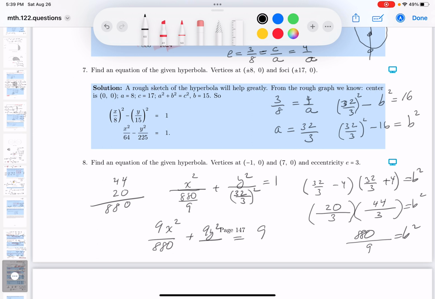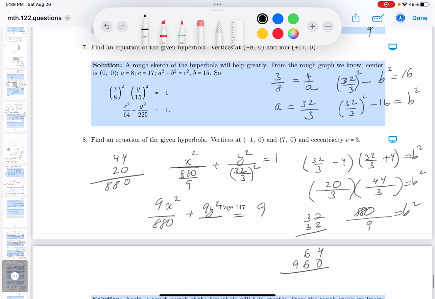And now I got to do 32 squared, because I probably would do that if I was taking an exam. 2 times 2 is 4. 2 times 3 is 6. 3 times 2 is 6. And 3 times 3 is 9. You get 4. You get 12. 10, 24.